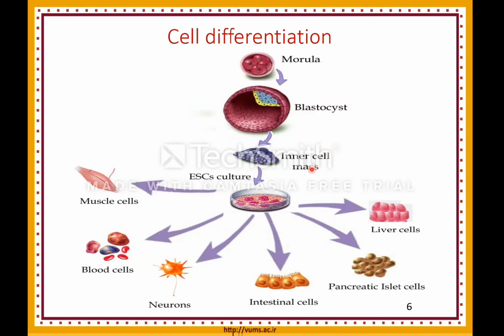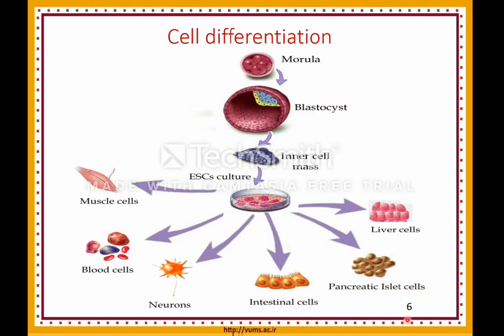In in vivo conditions in the embryo, these cells finally differentiate and form different cells with different structure and function. But in vitro, these cells, named embryonic stem cells, with the addition of some inducers, can differentiate into other cells with different structure and function.